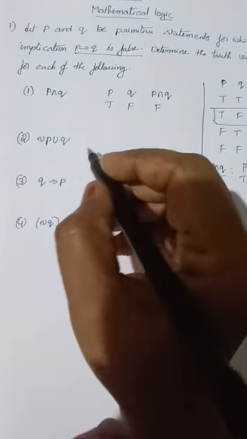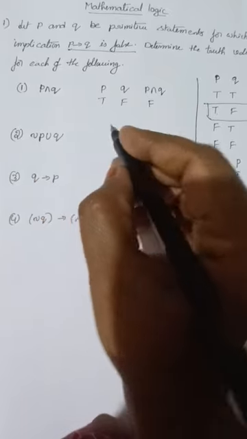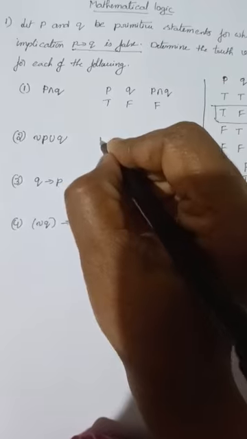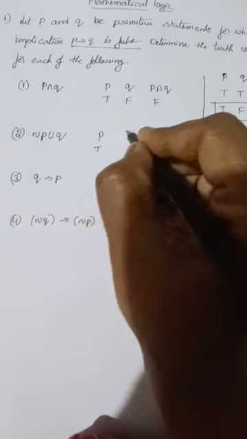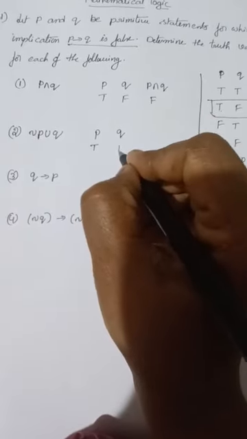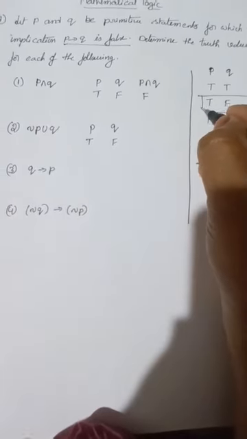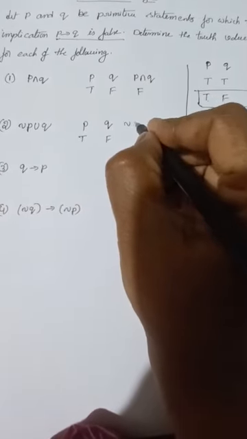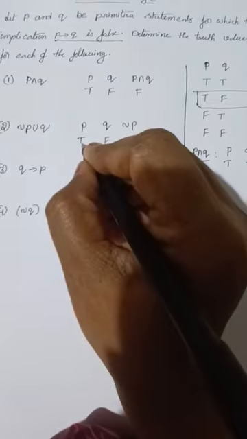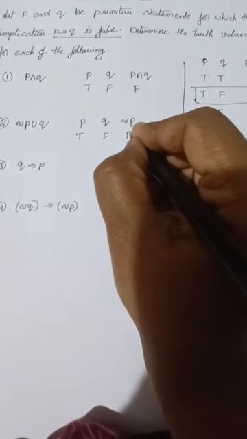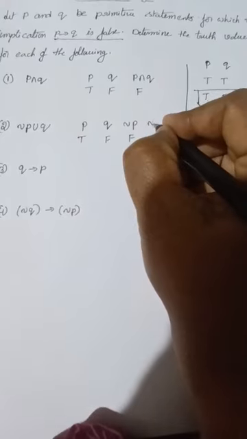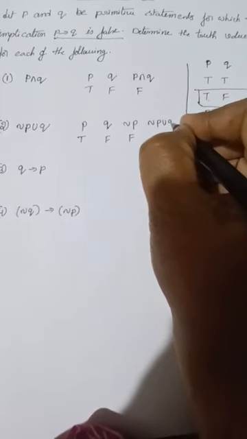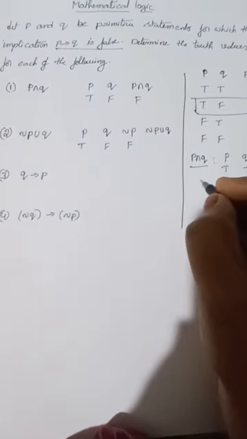And next one, see, negation P union Q is there. See, again, P is equal to true, and Q is equal to false, right? This we have to use. Negation P is nothing but just reverse. P is true, negation P is false. Now, negation P union Q. What is the status of union?